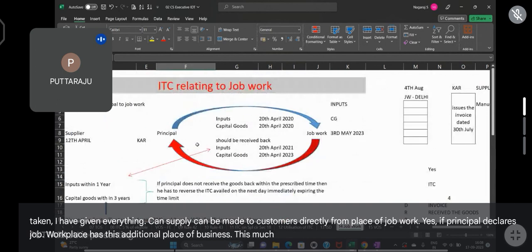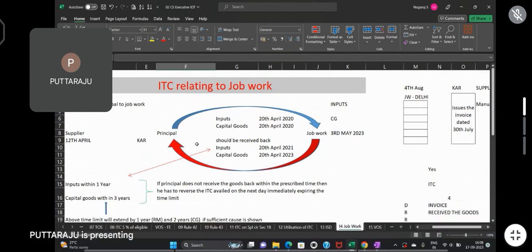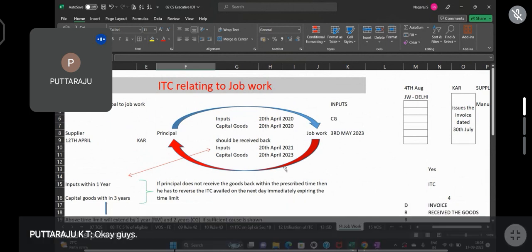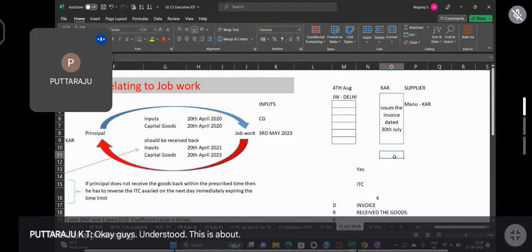This much you guys need to write. Okay guys, understood? This is about job work with respect to ITC.